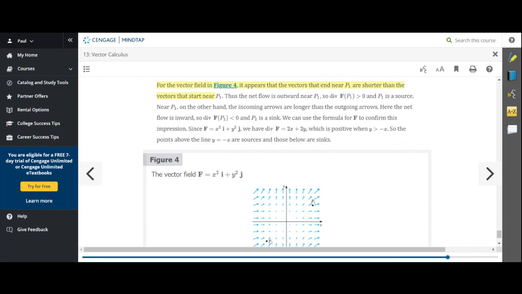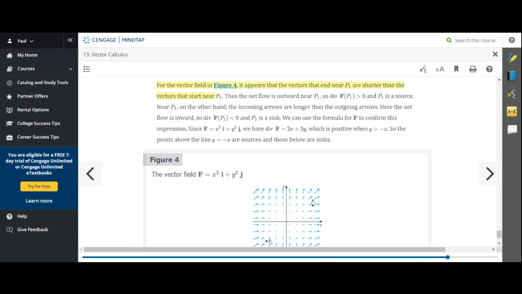If you look at the point P1, the vectors coming into P1 are getting smaller than the vectors that start near P1. If you look past P1, the vectors get bigger.